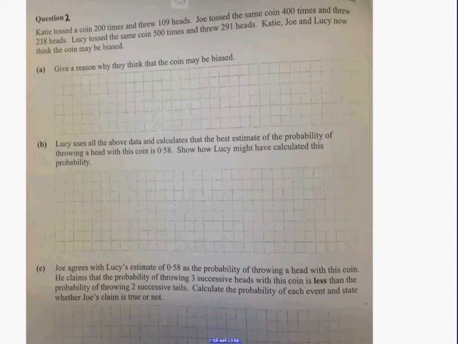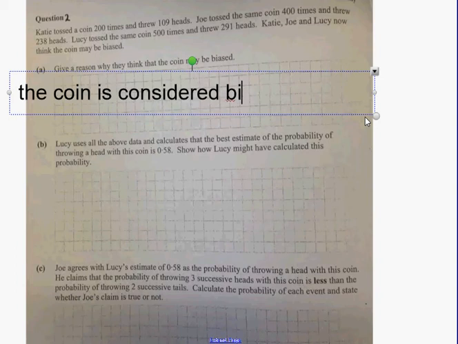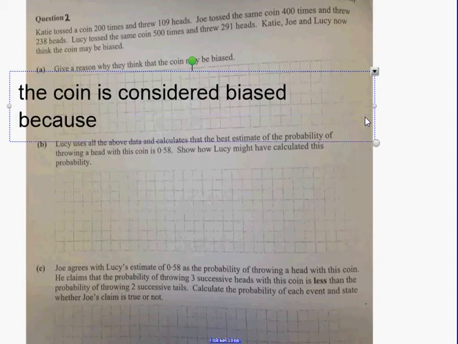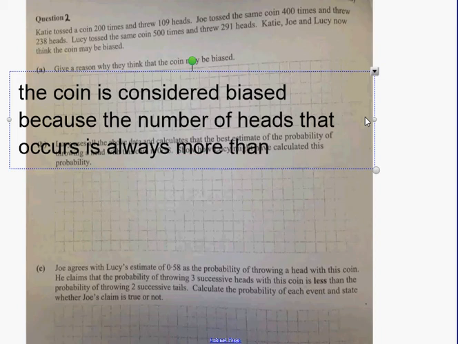Okay, so the coin may be biased because of the following reasons. The coin is considered biased. I realised my writing wasn't great. So, because the number of heads that occurs is always more than 50%.